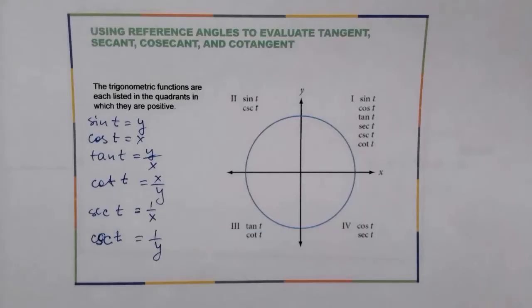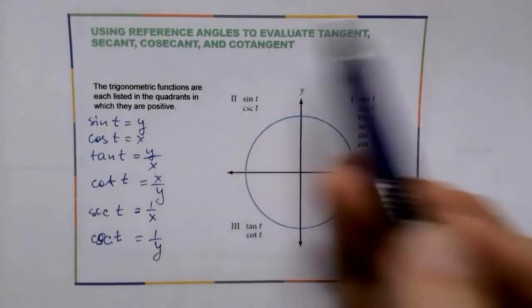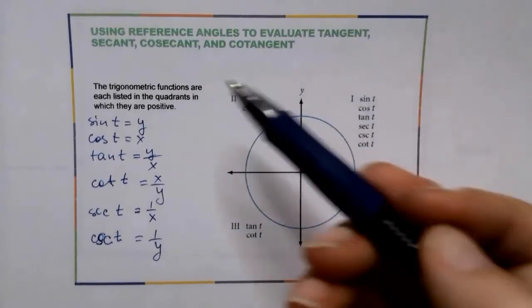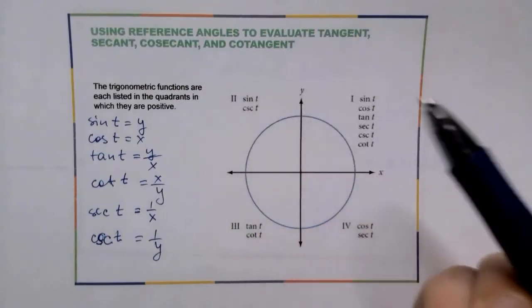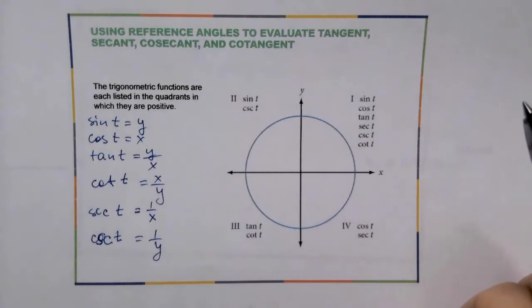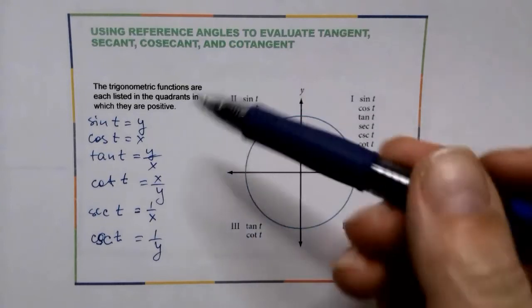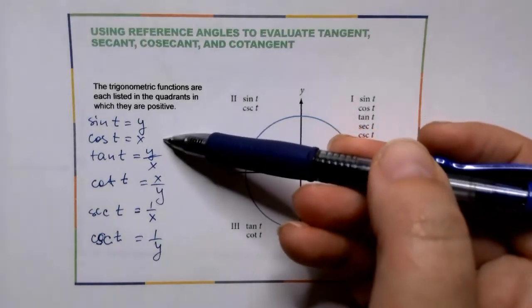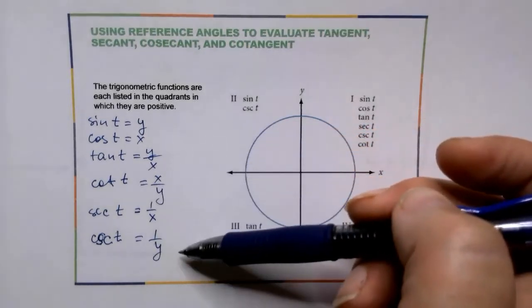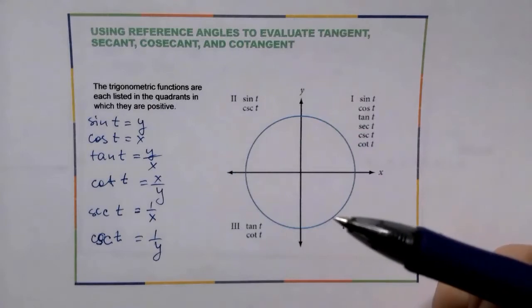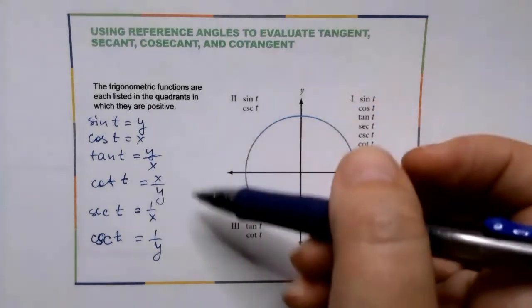Okay, in this video, we're gonna use reference angles to evaluate tangent, secant, cosecant, and cotangent of angles in different quadrants. Now, I want to start by reminding you the basic trig function definitions.